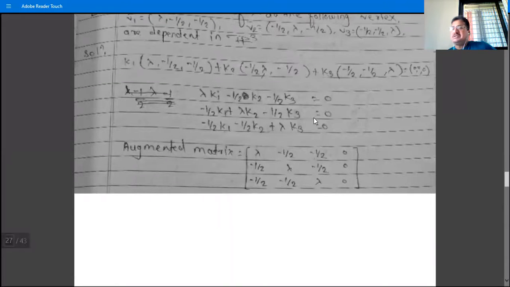When this homogeneous system has a non-trivial solution, the rank of A is equal to the rank of AB and is strictly less than the number of unknowns, and the number of unknowns is 3.